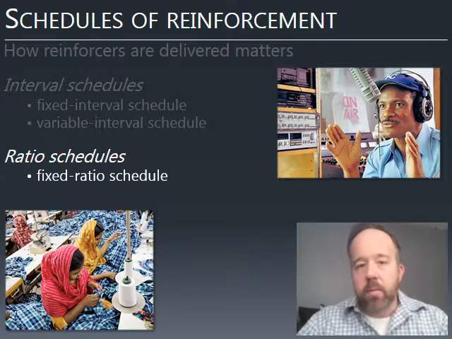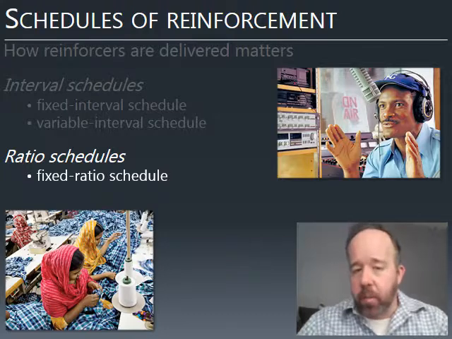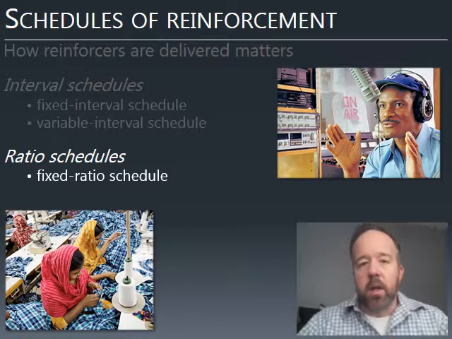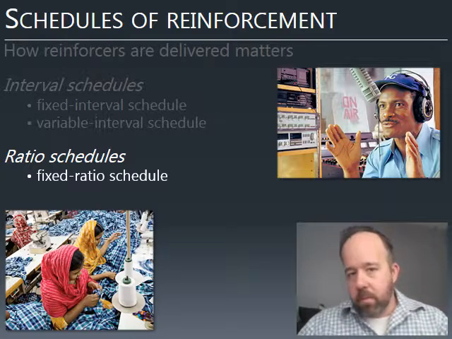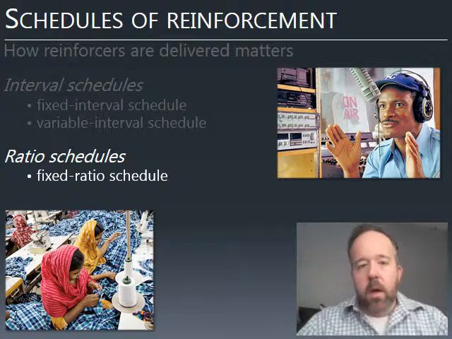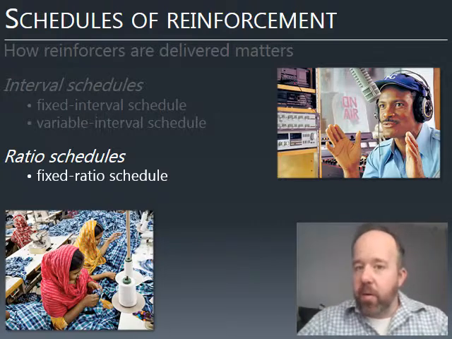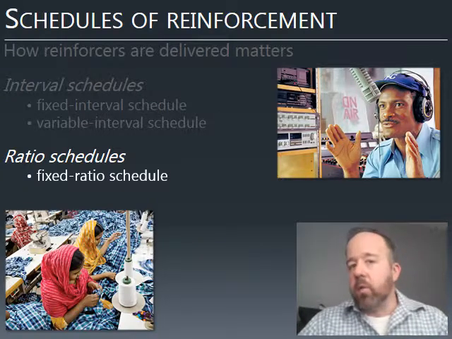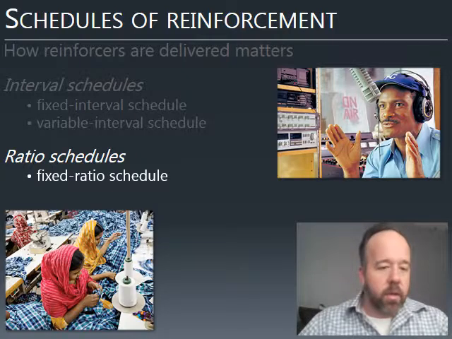And for people, many people are paid in their jobs based on the number of products they produce, the number of items they sell. And so they are rewarded for every nth item or every nth behavior, where n is a known quantity. So every 10th shirt that gets made.